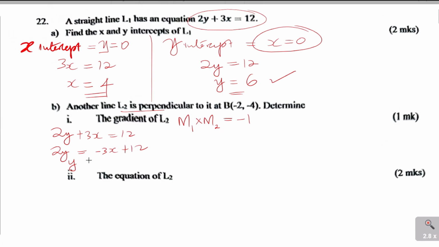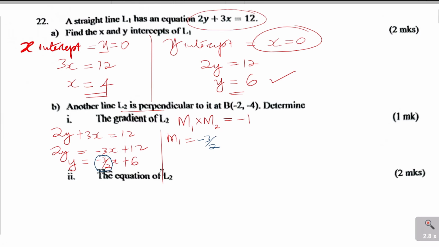Dividing both sides by 2, you get y is equal to -3 over 2 x plus 6. So now we can identify the gradient, that is m1. From this equation, m1, the gradient, is the coefficient of x, which is -3 over 2.